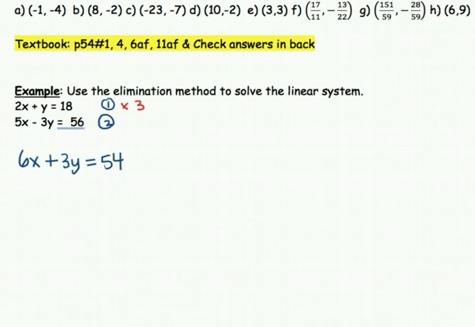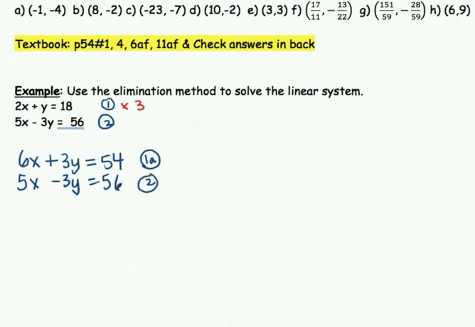It's another version of equation 1, so we can call it 1a or something like that, but it's still the same. I just multiplied everything by 3. Then I'm going to write equation 2 right underneath. I didn't change that one at all, it's still the exact same.